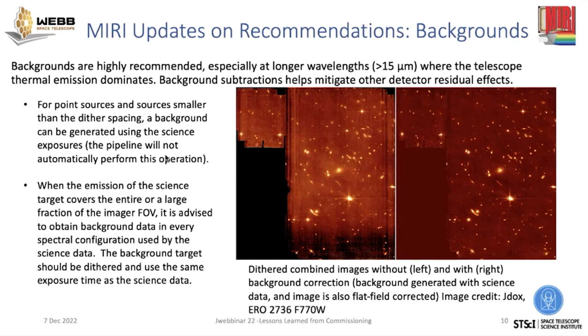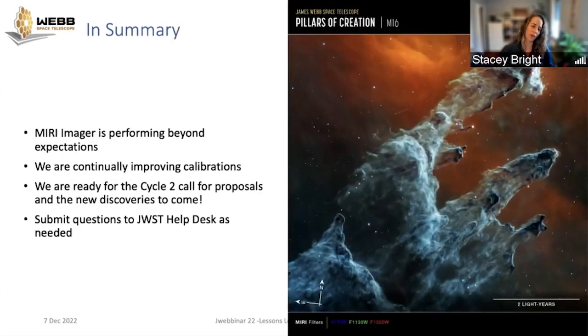And the background target we recommend should be observed in a similar way to the science data. So you should have dithering and at minimum use the same exposure time as the science data that you have. So those are the 2 main new recommendations that we have for MIRI Imager.